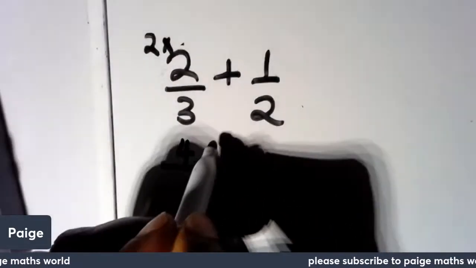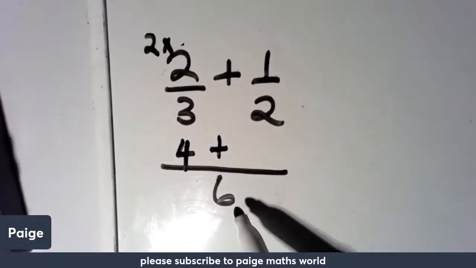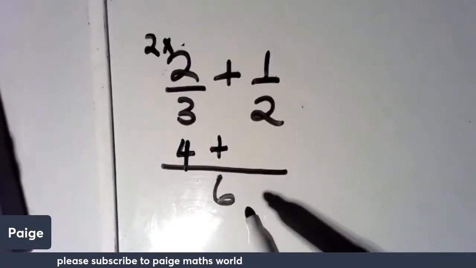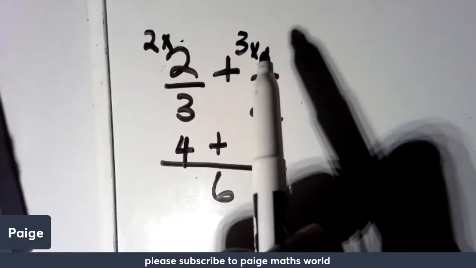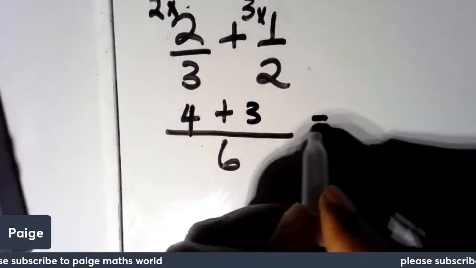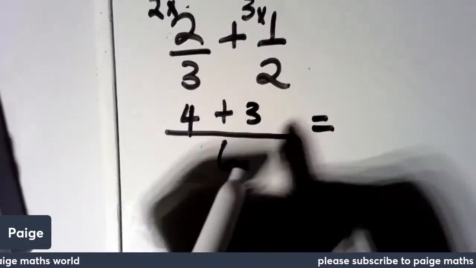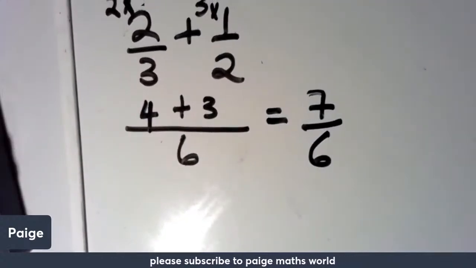Then we know it's an addition, so we're going to be adding. Now 2 into 6: how many times can we get 2 from 6? 3 times. So now we multiply 3 by the numerator, which is 3 times 1. That is 3. Now we can go ahead and add our numerators: 4 plus 3 is 7 over our denominator, which is 6.